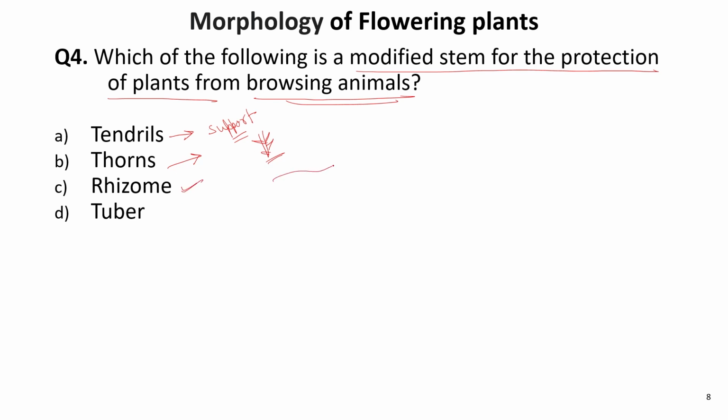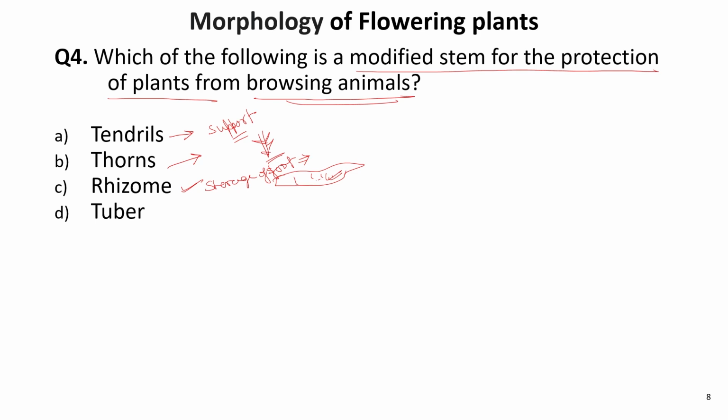Rhizome. Rhizome is the underground stem and generally they store food material. So that is also for the storage of food, and also sometimes they are perennating organs. In the adverse condition, the plants perennate in such a rhizome-like structure, and when favorable conditions return, that gives rise to a new plant, right?